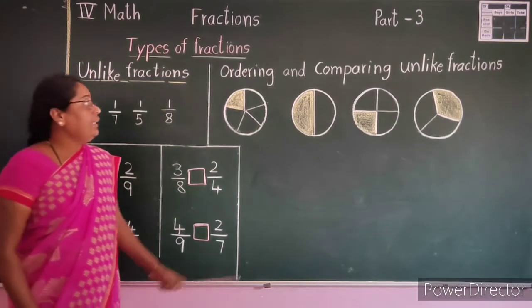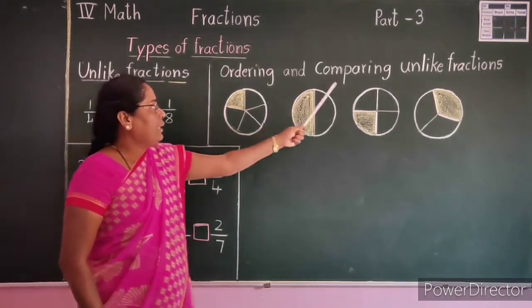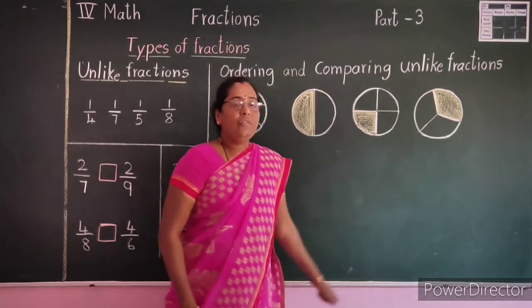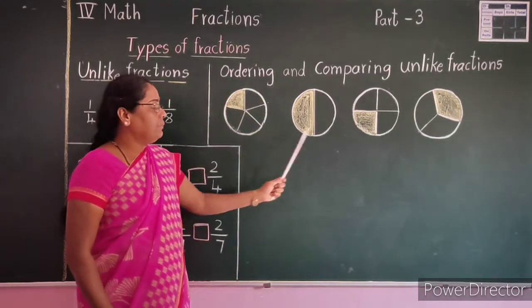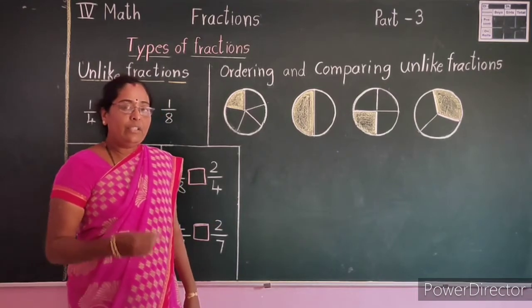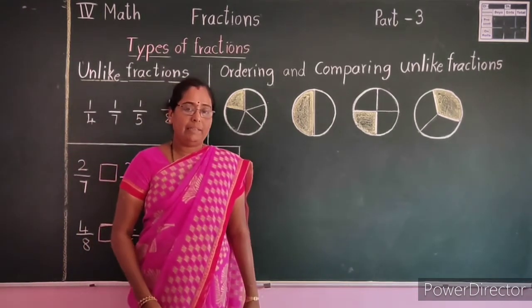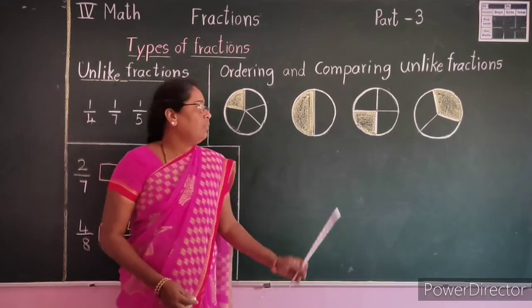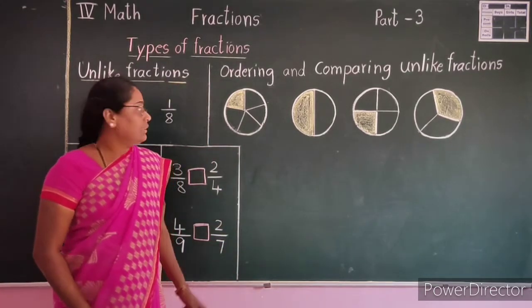Children, let's see ordering and comparing unlike fractions. Here are some circles. All the circles are divided into different numbers of parts. Let's see the fractions for all these circles.